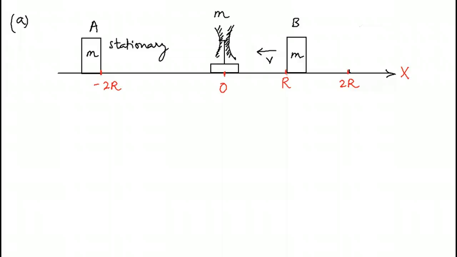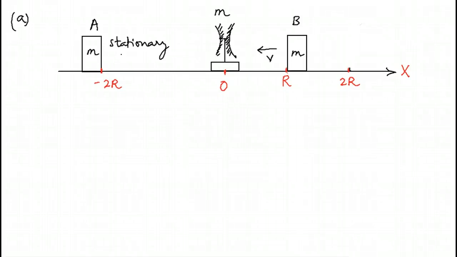So let's consider block A first, and apply the mirror equation to find the image of object A. Of course, the mirror equation is 1 upon v plus 1 upon u is equal to 1 upon f, and we have to find v, the coordinate of the image.